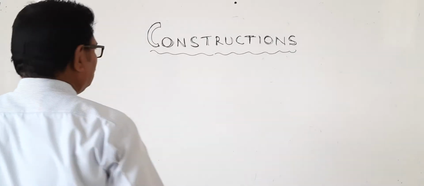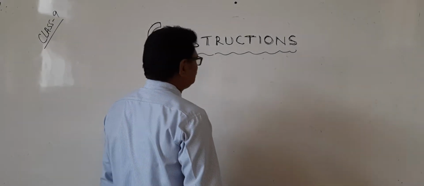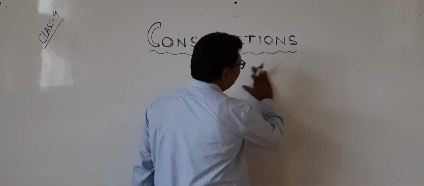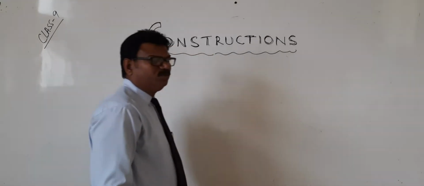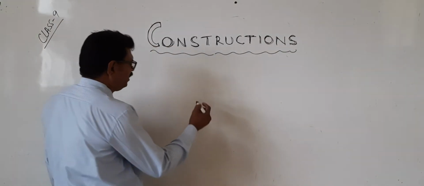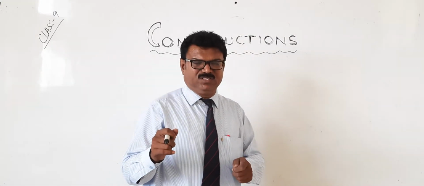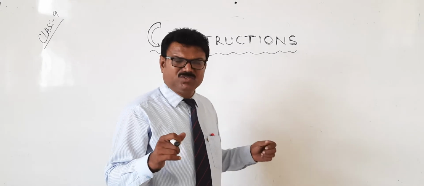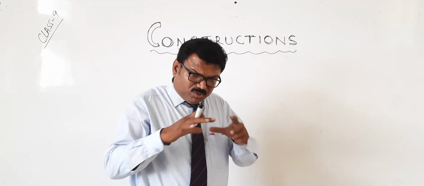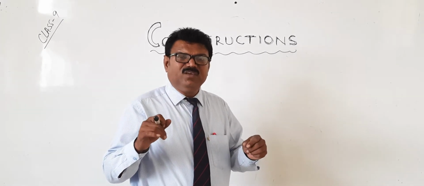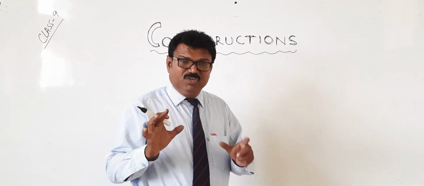We will see how to construct 90 degrees at the initial position. Very, very simple. For that, please get ready always with your weapons. When you are watching this construction chapter, you should be ready with your geometrical equipments. Okay?